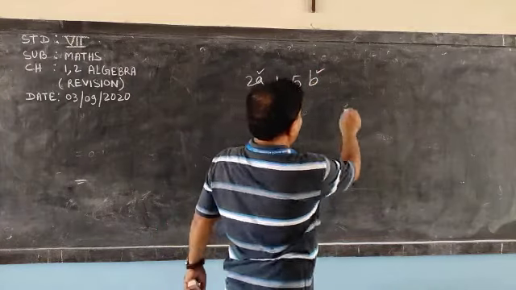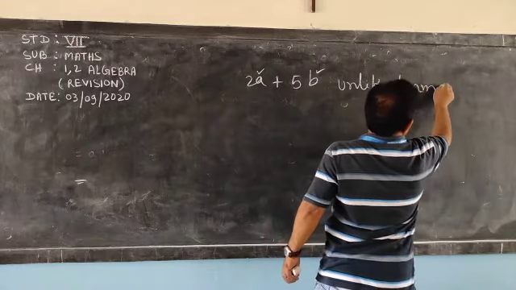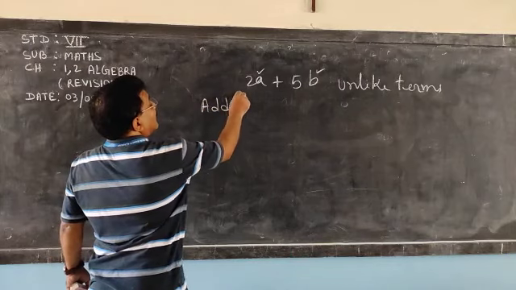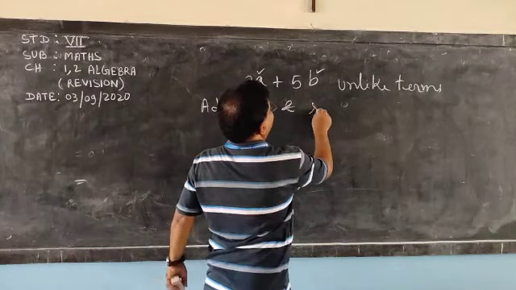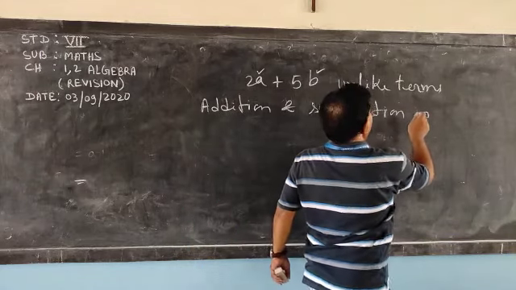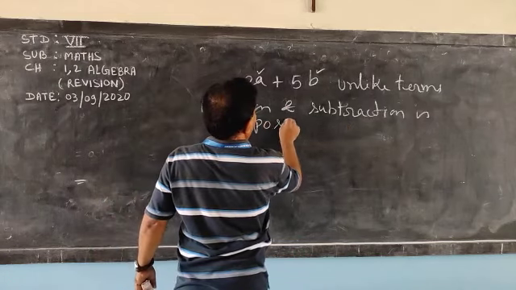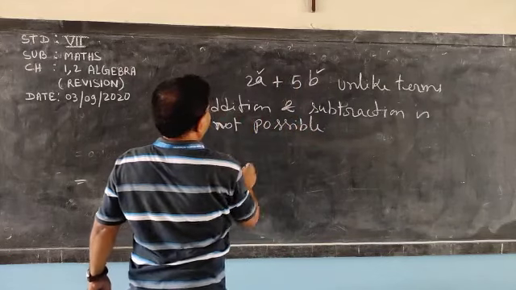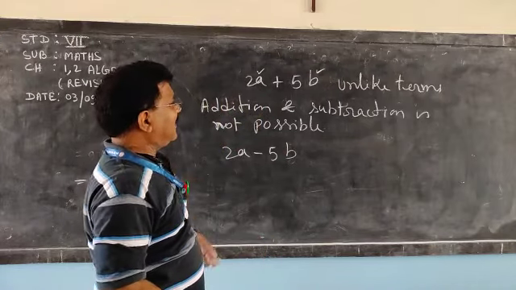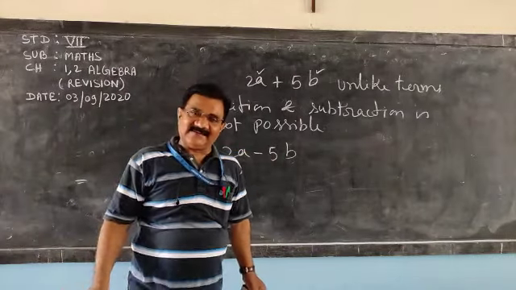They are unlike terms, and in unlike terms addition and subtraction is not possible. So that will be the answer. Very clear. If the same question is 2a minus 5b, what will be the answer? This will be the answer because no subtraction will take place between unlike terms.